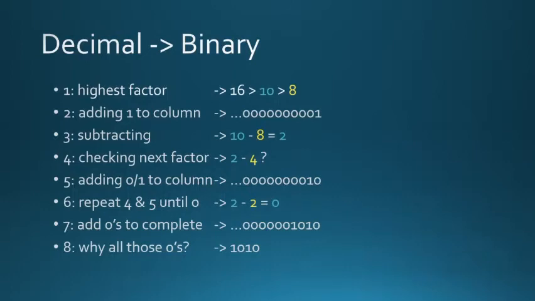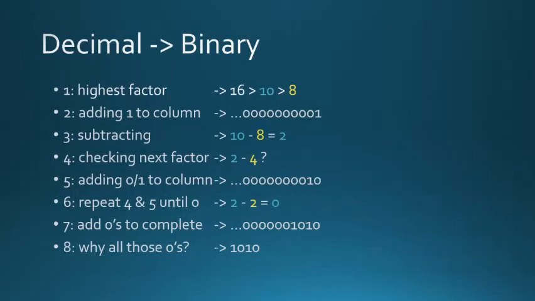And then we will repeat steps 4 and 5 for a while. Because step 4 is 2 minus our next factor. So before we get to 8, we have 4. 2 minus 4 equals a negative number, so we will add a 0 to our columns.